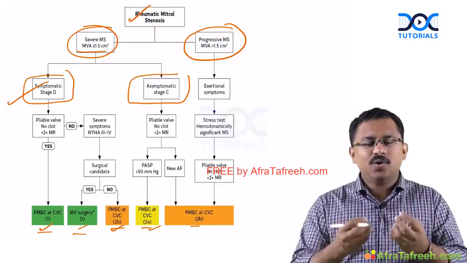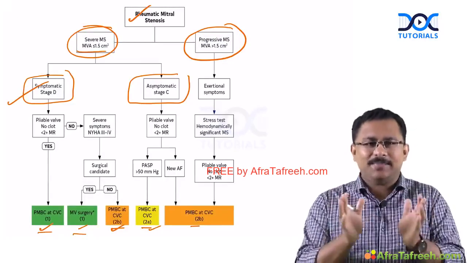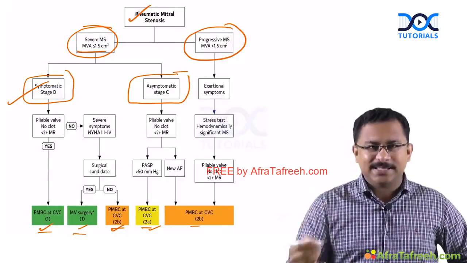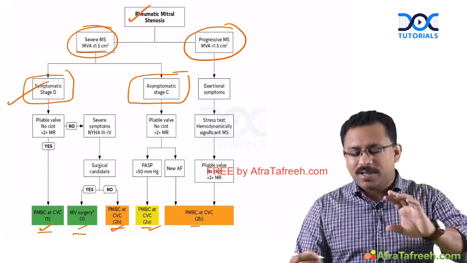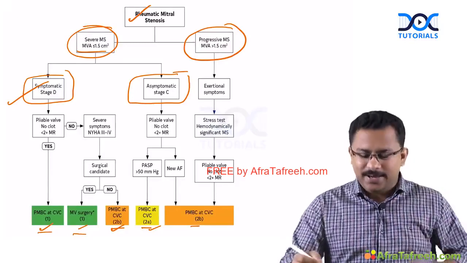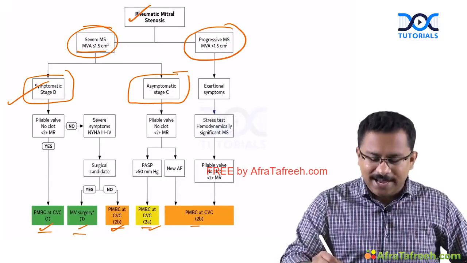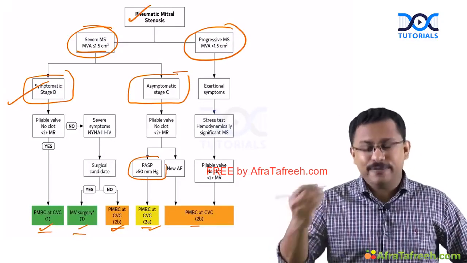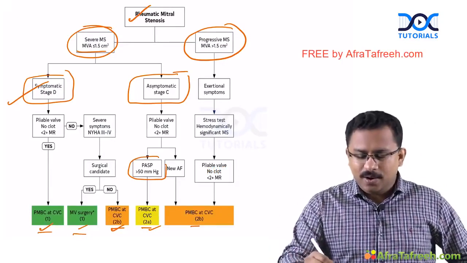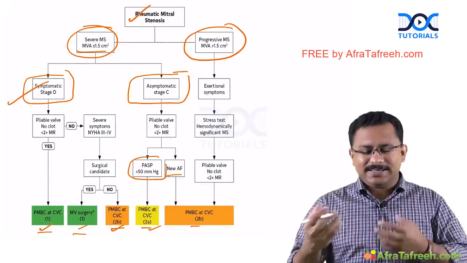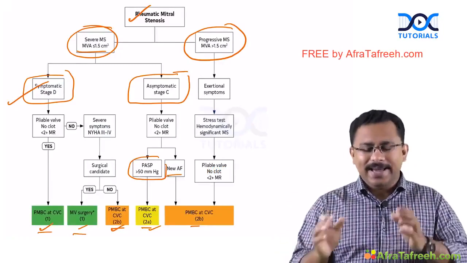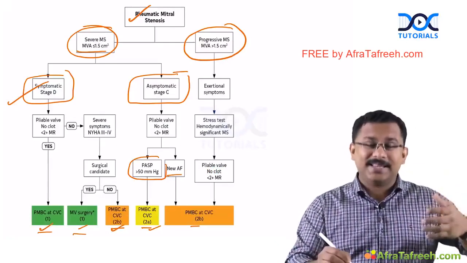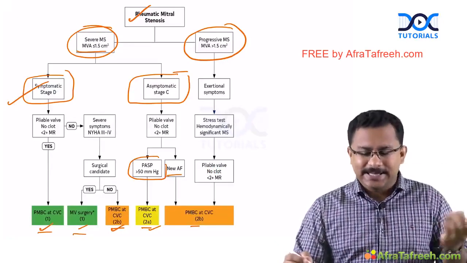You have to look at certain parameters, but I am just summarizing in a nutshell. In asymptomatic patients, you will go for the procedure only in certain scenarios, especially when the pulmonary arterial systolic pressure is more than 50 millimeter mercury, or new atrial fibrillation. There are certain indications, but the class of recommendation is not as strong as in symptomatic stage D.